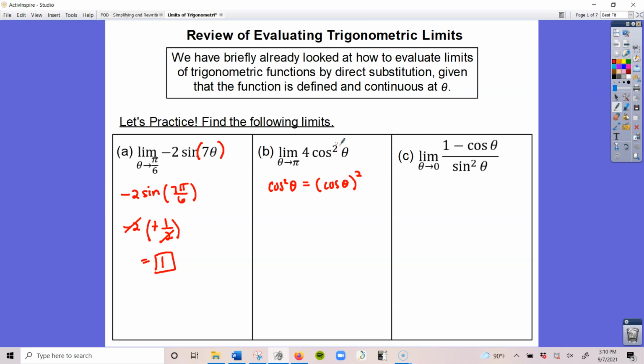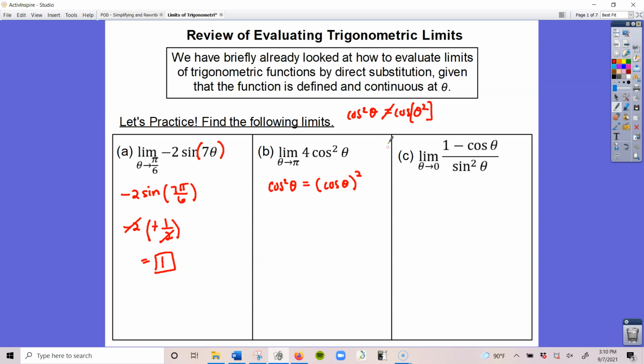If you have the little squared right after the trig function, it means that the entire thing is being squared. This is not the same as saying this. If the squared is after the angle, that means that only the angle is being squared. So keep that in mind in the future.